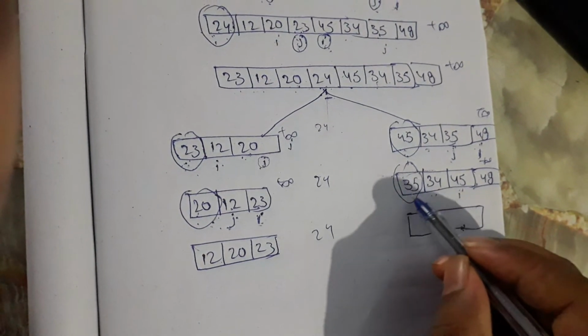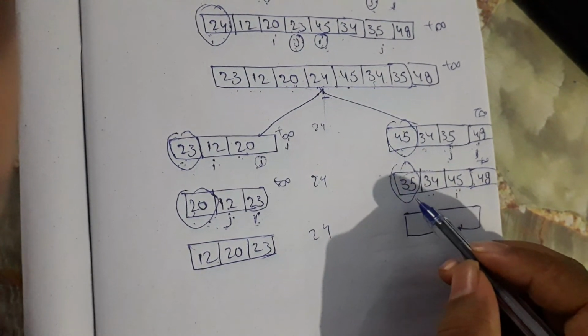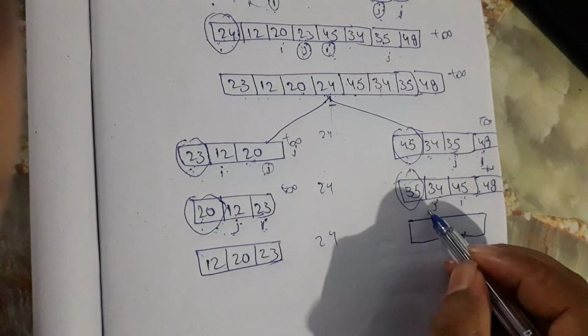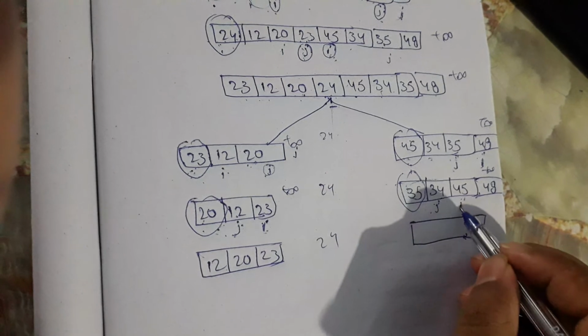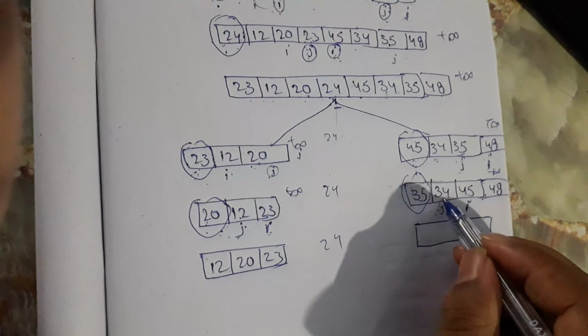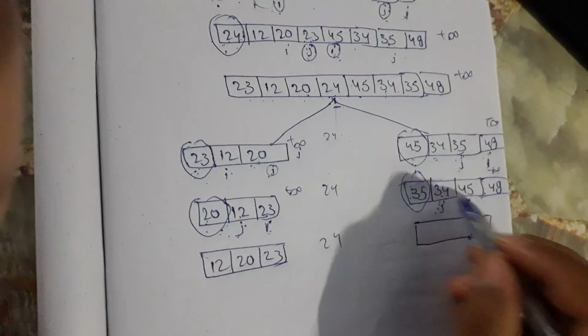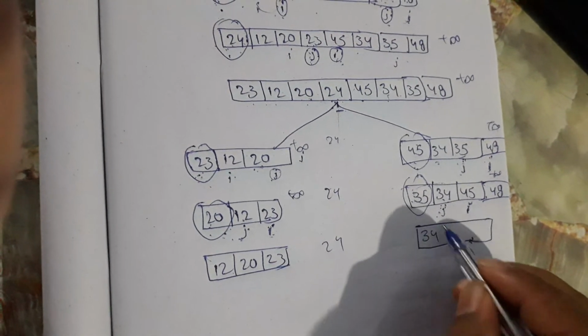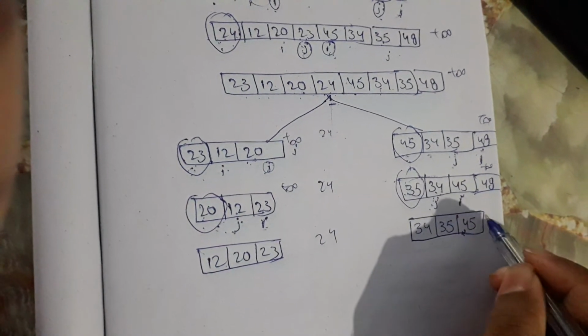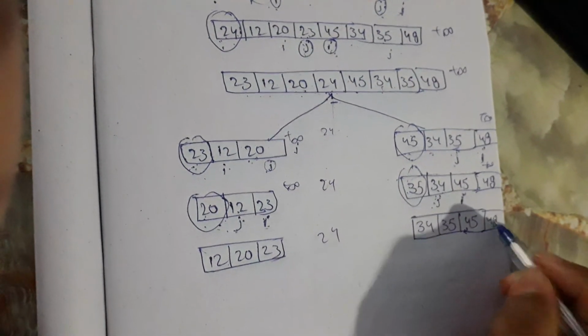No. 34 is less than? Yes, it's lesser. It's your J. Again it's crossing the I value. In that case we have to swap. This will come first, this will come second. 34, 35, 45, 48.